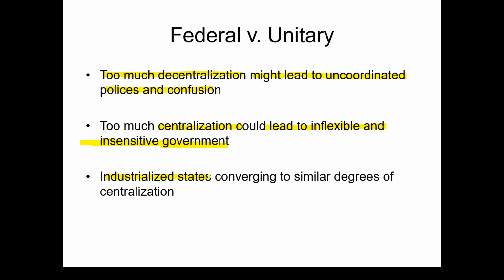The industrialized states, in other words, the developed countries of the world, most of whom are democracies, are converging somewhat on similar degrees of centralization, particularly with respect to national defense and the economy. There seem to be practical degrees of centralization from one industrialized country to the next, particularly if they want to cooperate, trade, or invest in each other, so there are some commonalities there.